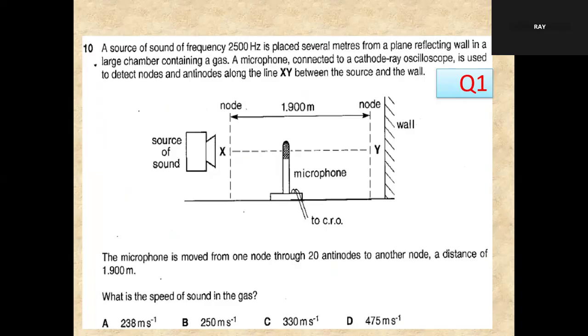Yep, what's the answer? Find the wavelength.